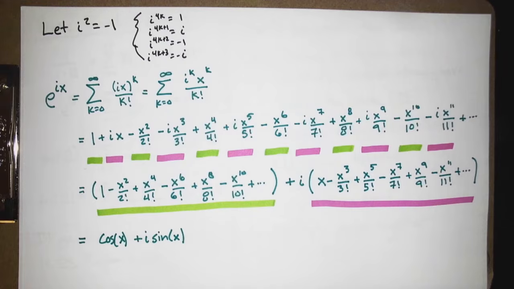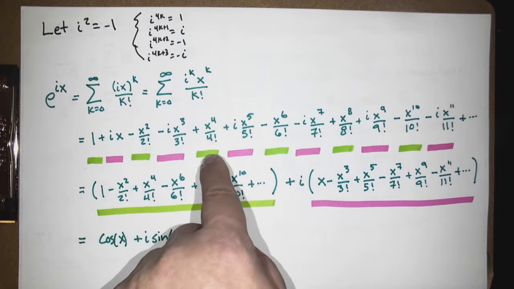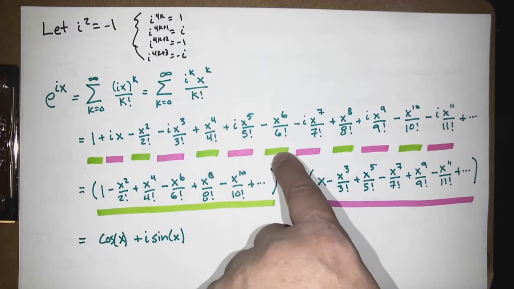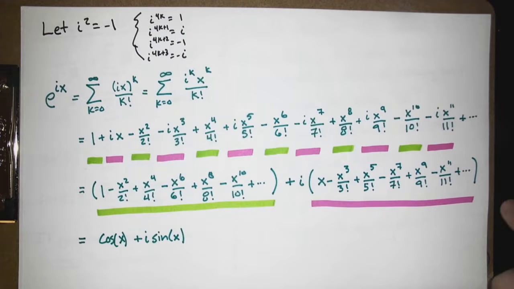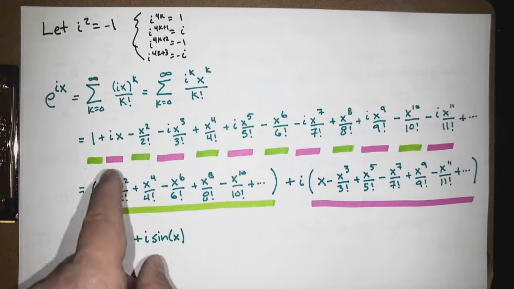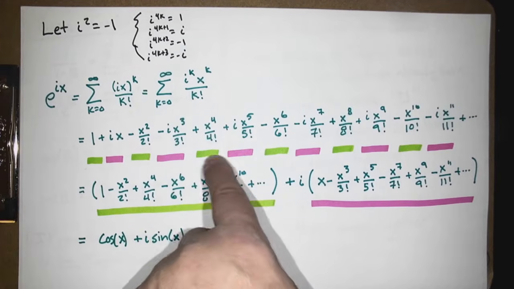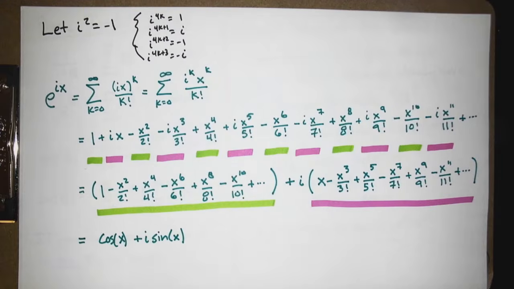And you'll notice I'm grouping things. I've underlined the real parts in green, in other words, things without i. So the 1 minus x squared over 2 factorial, plus x to the fourth over 4 factorial, minus x to the 6th over 6 factorial, and so forth. Those are the real parts. So I put those all together. And then the parts with i, which we often call the imaginary parts: ix minus i x cubed over 3 factorial, plus i x to the 5th over 5 factorial.